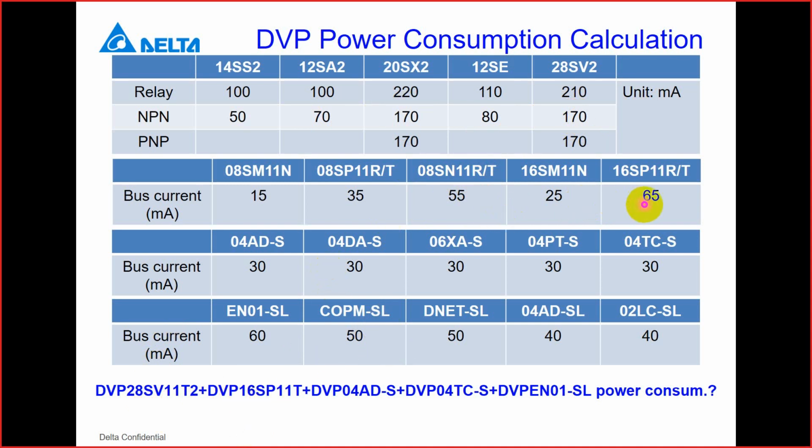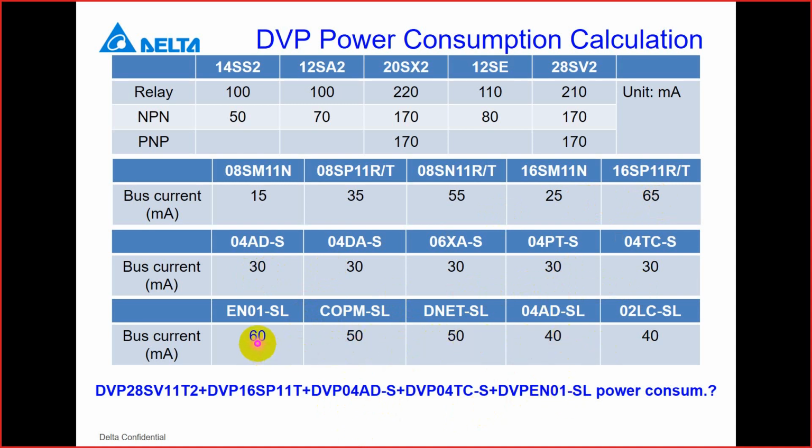So you can check the table and find here is for 65 milliamp, and then 0480, so 30, then TC another 30, then DVP EN01.